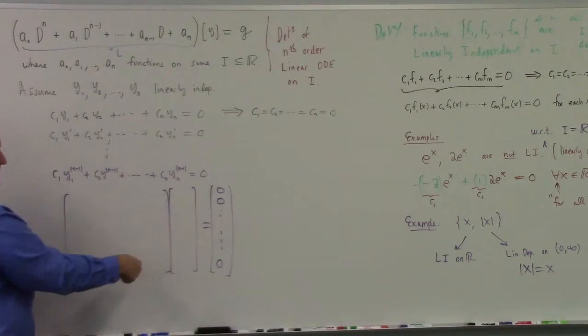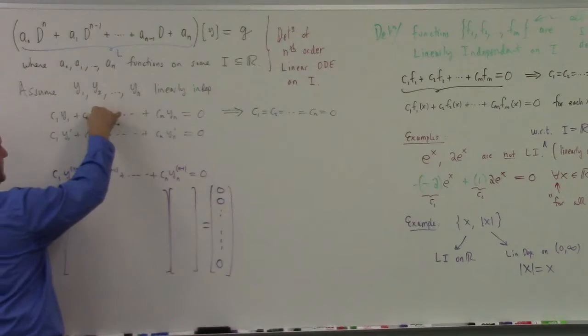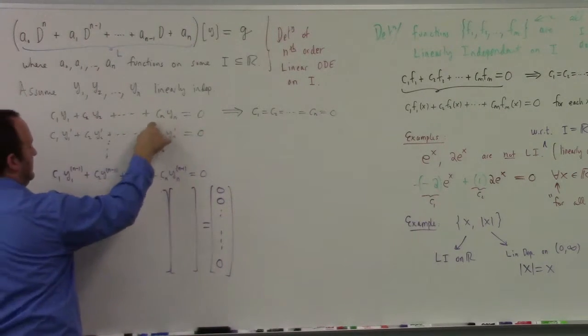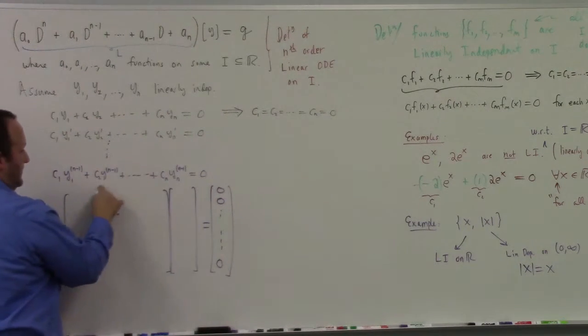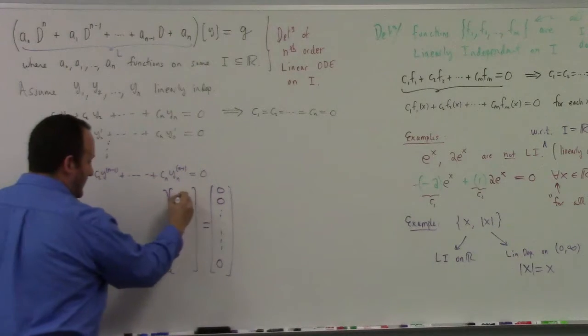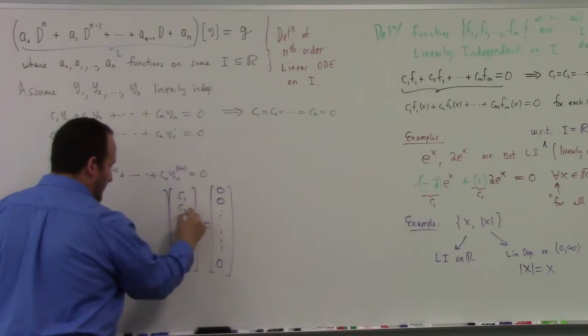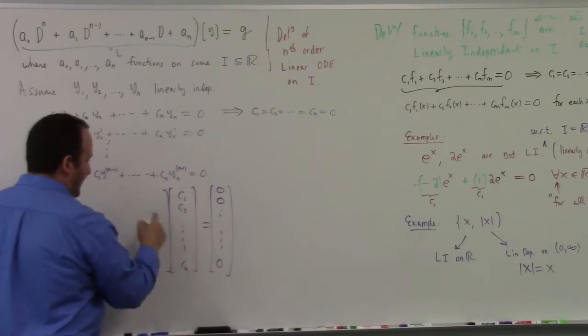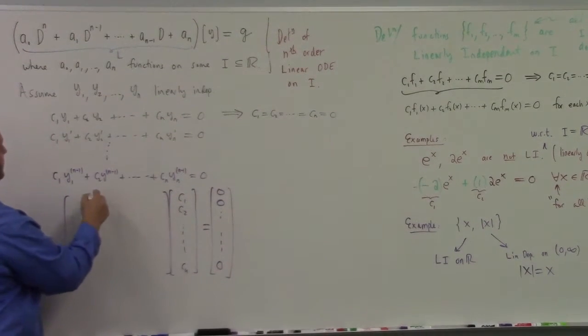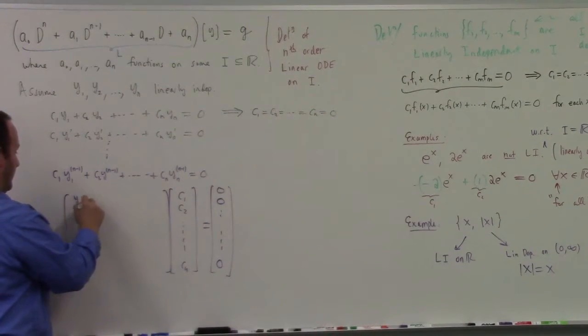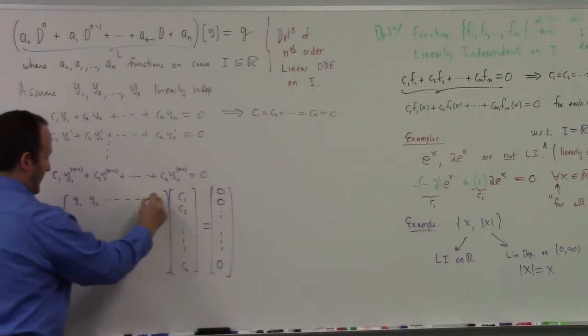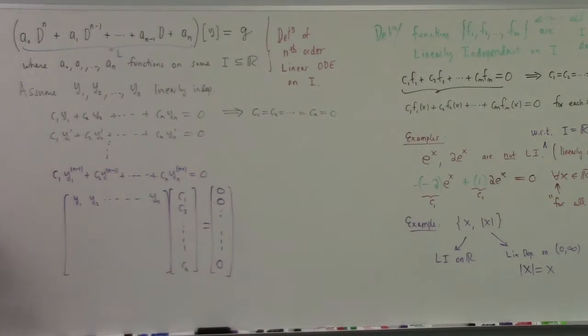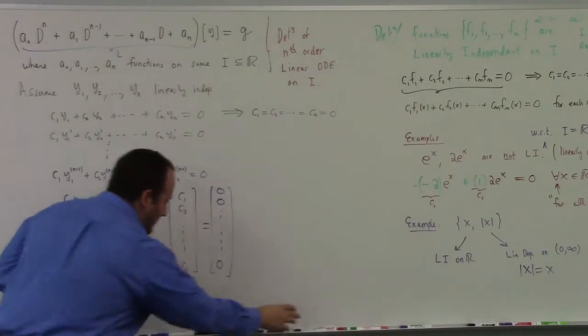So if I want to rewrite this, the C's are the same everywhere, so I can always pull the C's over here, like this. The first equation gives me the first row, which is y1, y2, yn.